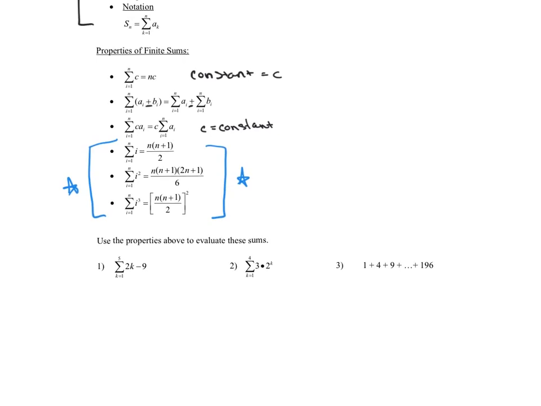So we can break this into several parts. All right, so we know that the 2 can come out front. So we have 2, the sum from k equals 1 to 5 of k. And then we can break off the 9 and say minus the sum from k equals 1 to 5 of 9.